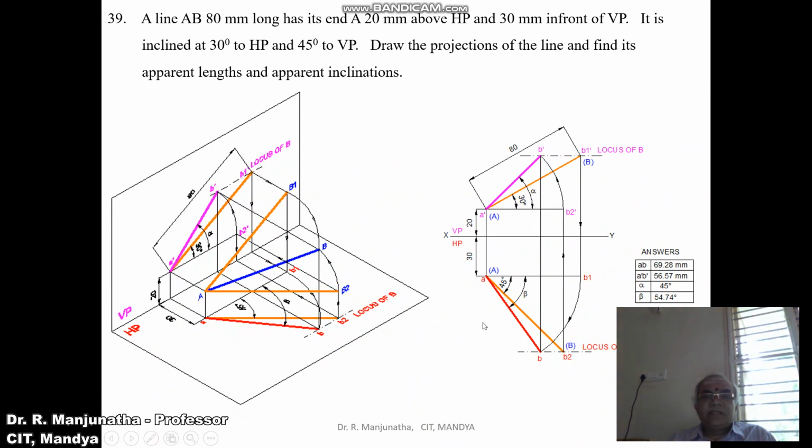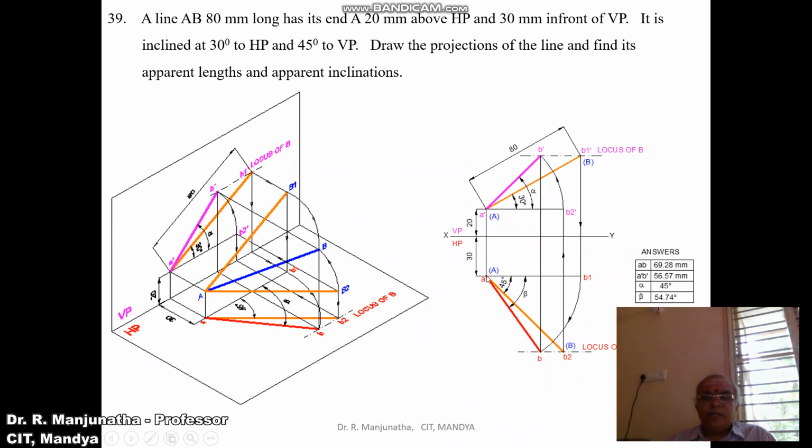Similarly, with A as center, by using the protractor, measure an angle of 45 degrees with respect to the horizontal and draw an inclined line in the top view. Then, by using the compass, measure a distance of 80 mm with A dash as center and cut an arc on that 30 degree line.